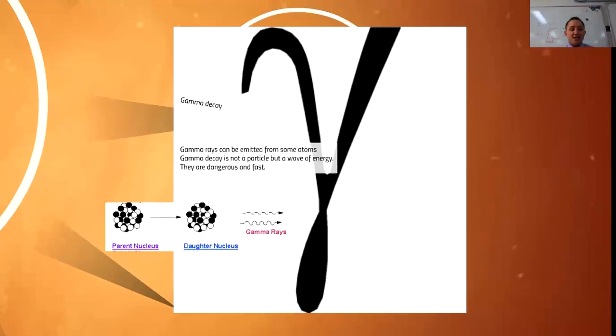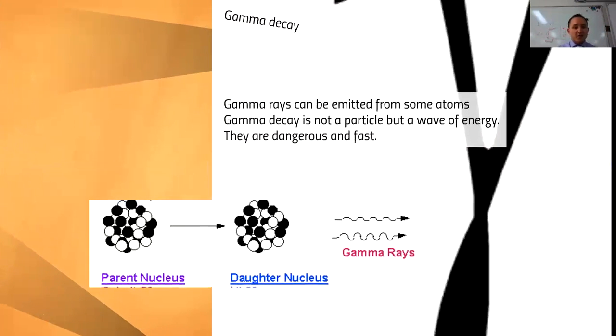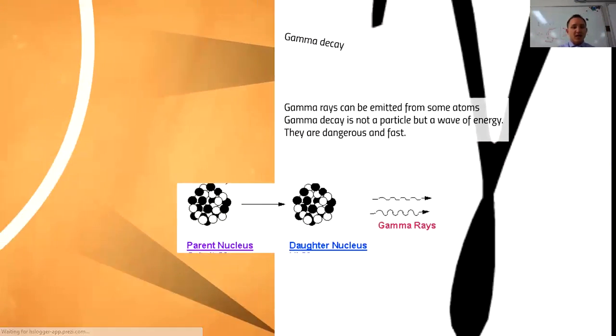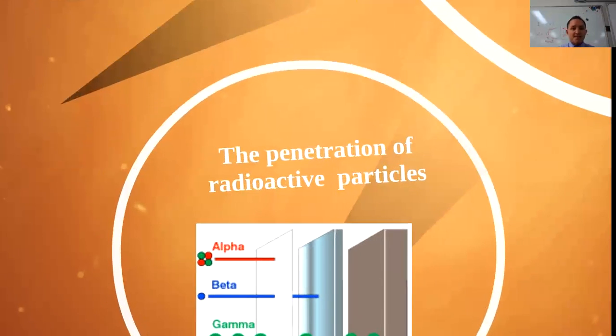Basically, it's a wave of energy at the speed of light. If an alpha particle were to travel at, say, 10% of the speed of light, and a beta particle traveled at 90%, well, gamma would travel the whole way, 100% of the speed of light. So that's an example of a parent nucleus changing to a daughter nucleus.